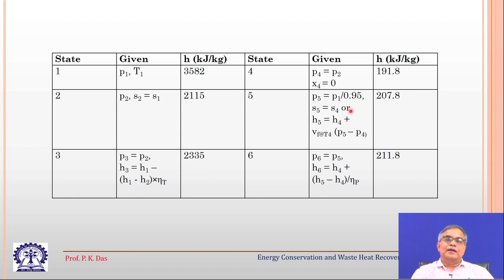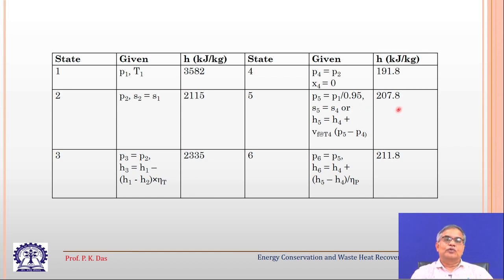Then we will have P5. Sorry, P5 is the pressure which we can get. The pressure at the turbine exit is given in the problem, and then the pressure loss is given. So, from there we can find out P5, and then S5 is equal to S4 for the ideal process, and then one can find the enthalpy at 5.